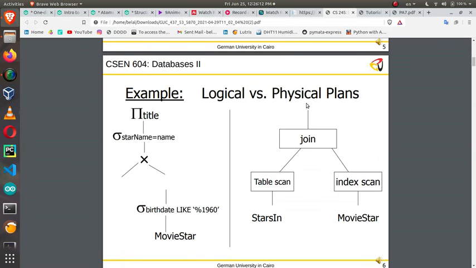So the physical plan is about actions, and the logical plan is about the order of operations to be executed, the correct order, or the most optimal order.